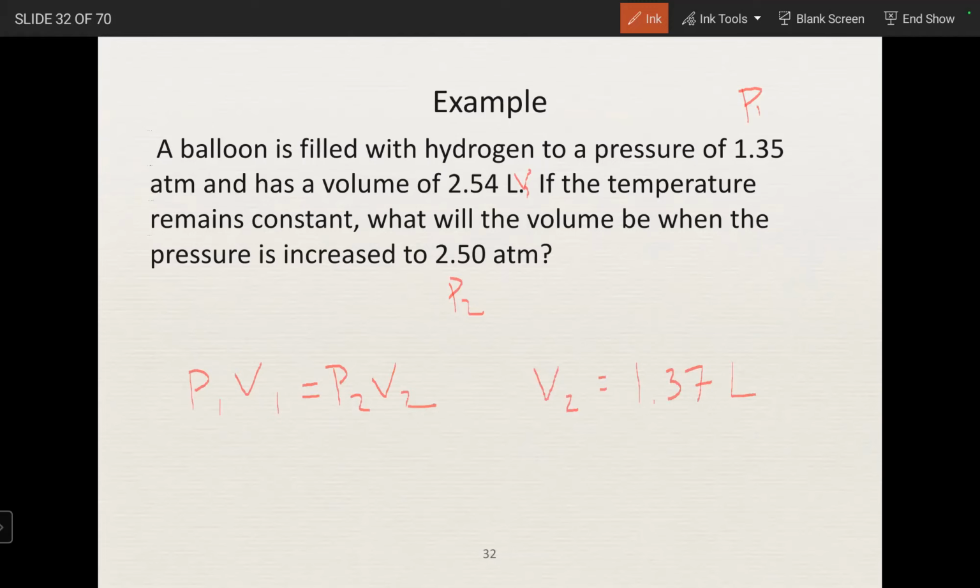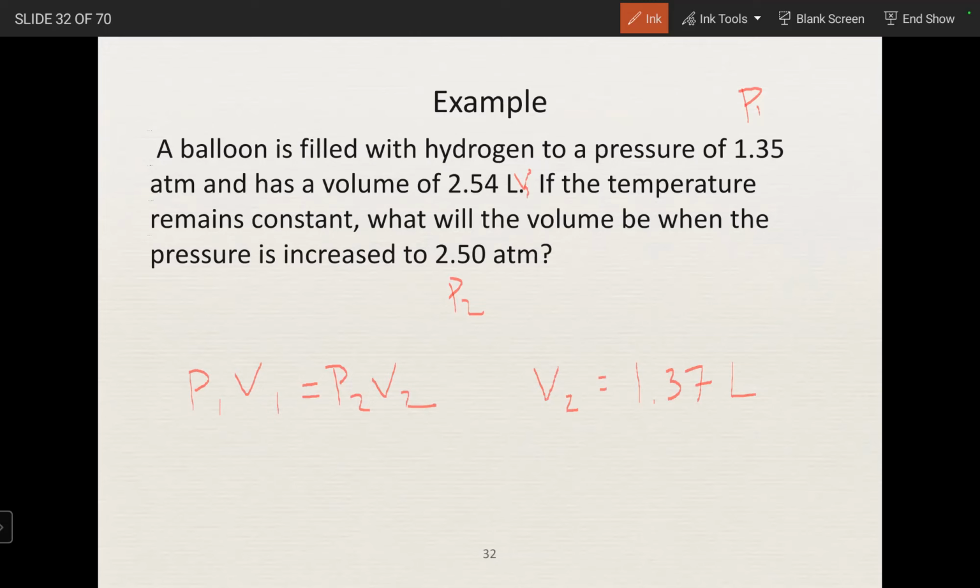Because in this case, we're multiplying. So when we increase the pressure, 1.35 to 2.5 atmospheres, we're going to have to decrease the volume. So it makes sense that the volume goes down. Remember, pressure and volume are going to be inverse. But also, if we look at the numbers here, on one side, we've got 2.5 even.